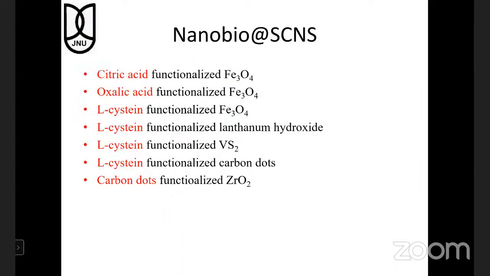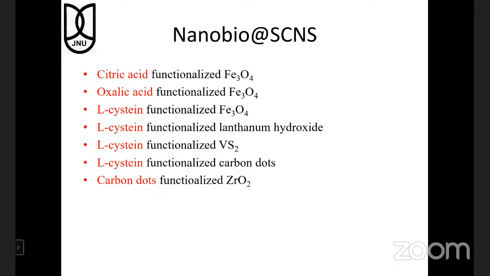In our group, we have fabricated different types of nanomaterials, like iron oxide, lanthanum hydroxide, vanadium sulfide, carbon dots, zirconium oxide. And we continuously used functional groups like citric acid, oxalic acid, L-cysteine.